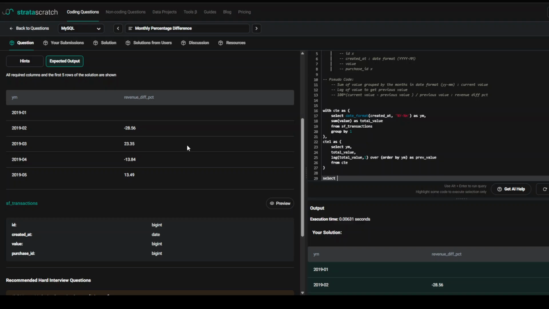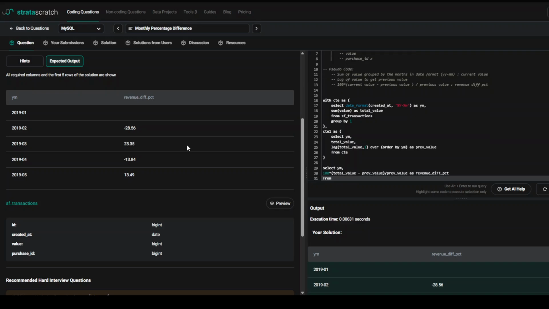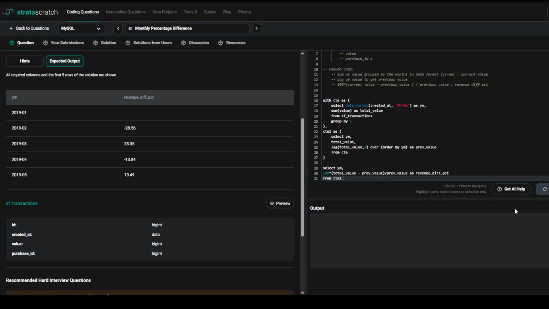So select ym, comma, total value minus previous value, divided by the previous value. Oh, sorry, this should be prev value, times 100. We would also need a round function. Let's just ignore it for now and see what happens, and we can always come back to it, as revenue_diff_pct from CTE1. Let's just run this.